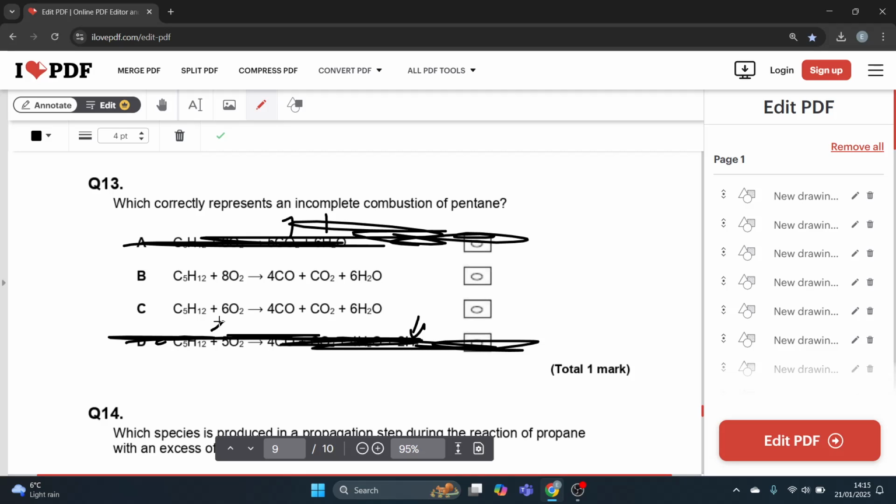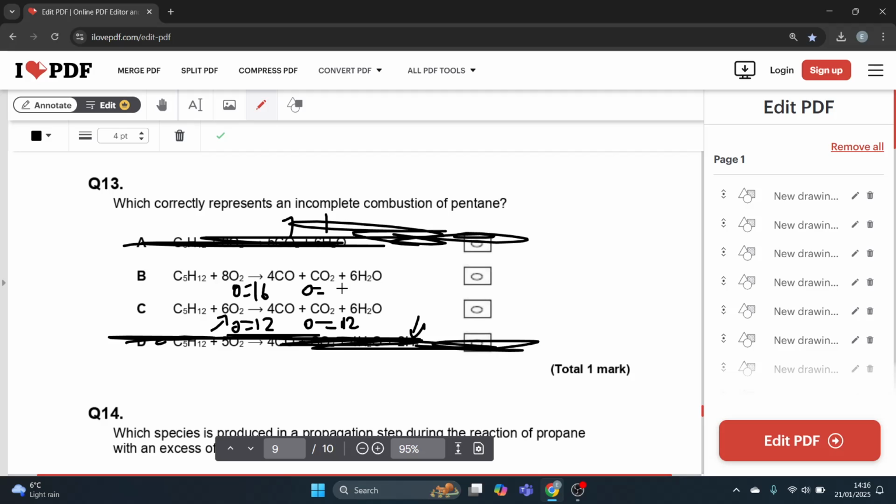That's what I'm looking for. Well, in this case, I've got 12 oxygens. And how many oxygens here? On the right hand side, 4 plus 2, 6. 6 plus 6 is 12. So, yeah, I would do that. But let's just check B as well. Oxygens here, that is 16. Oxygens here is, well, that's also going to be 12.